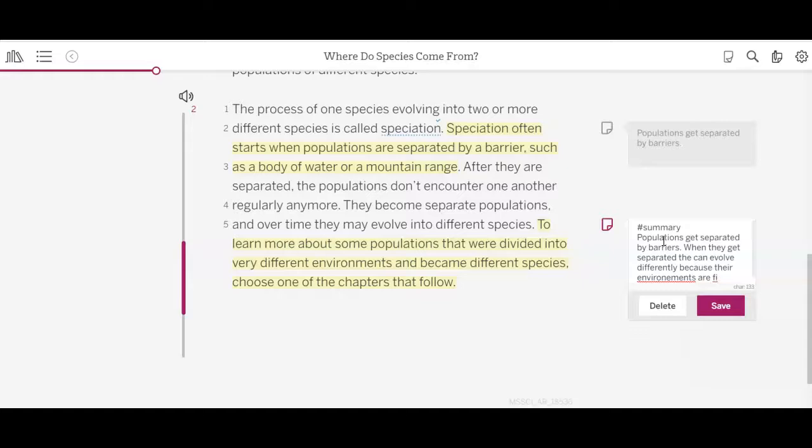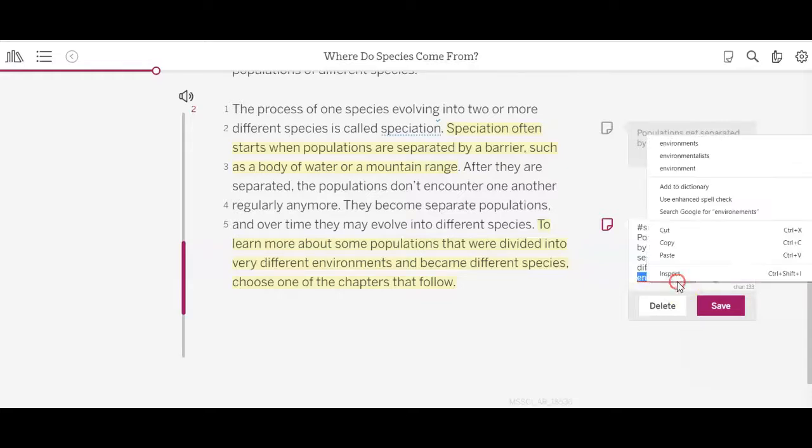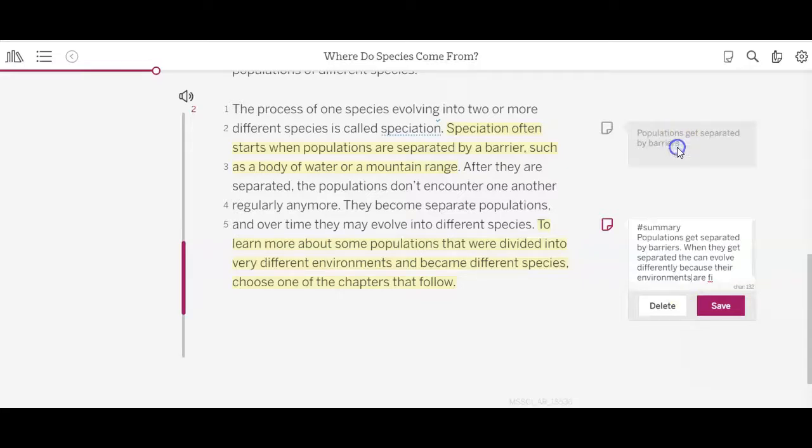Oops. Did I spell environments wrong? Of course I did. Because their environments are different.